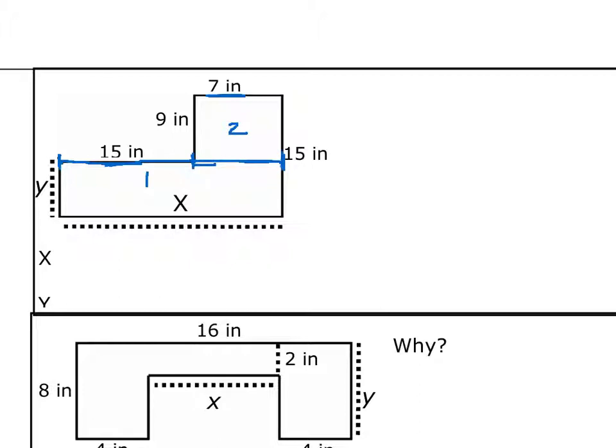And the reason why we're adding 7 is because we know this length from this beginning point to this end point is 7. How did you know that, Manuel? Right, because the 7's on top, and opposite sides of a rectangle are the same. So this entire length from one end to the other is 15 plus 7, which is 12. So x is equal to 12.